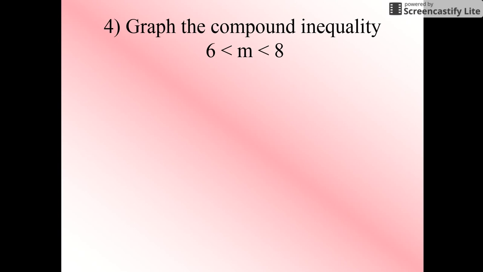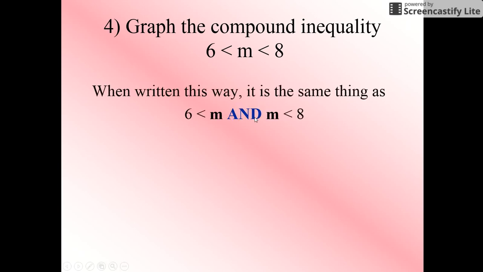To graph a compound inequality written together, we can always break it up. It is written the same way as this: 6 is less than m, and m is less than 8. Many of us do not like it written with the m on the right-hand side.